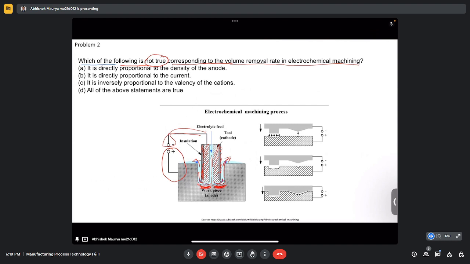This is very same as the process of electrolysis. So material removal is governed by basically Faraday's law. Here I will quickly try to write down what Faraday's law is.